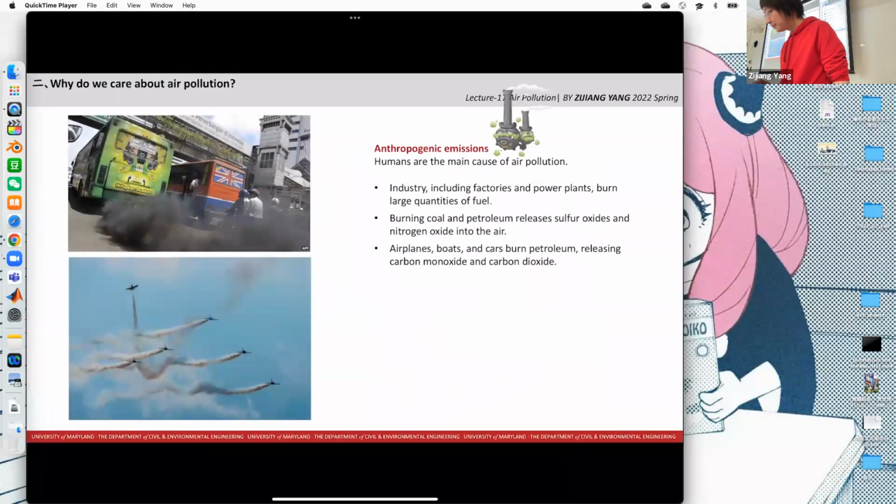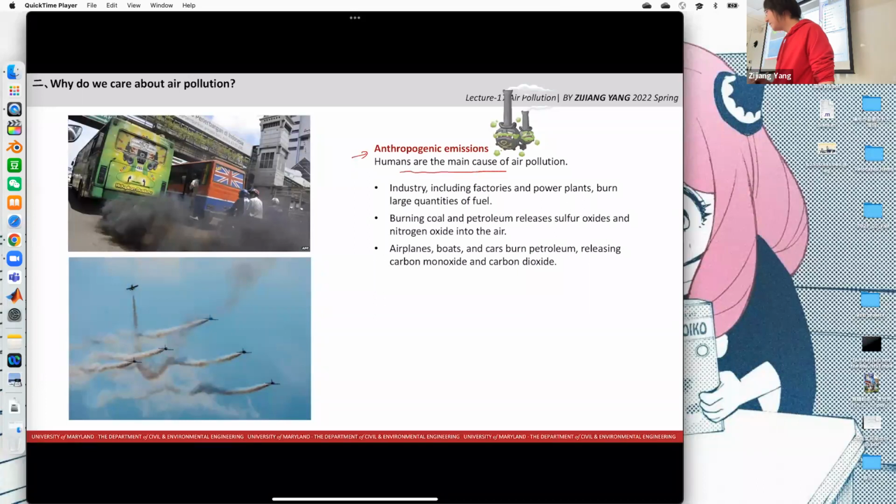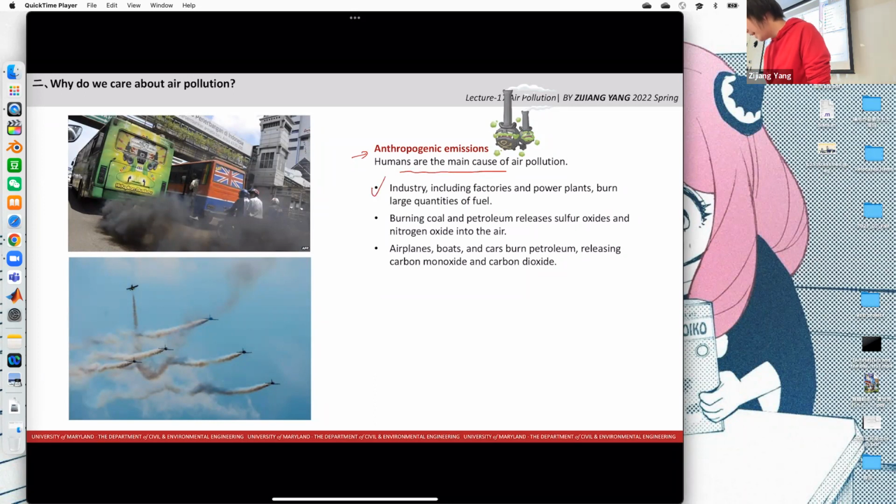Okay, let's talk about the sources of air pollutants. The first one is humans, as humans are the main cause of air pollution. It can come from industry, including factories and power plants that burn large quantities of fuels.